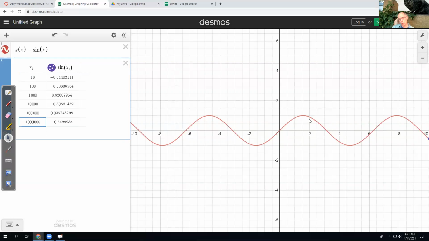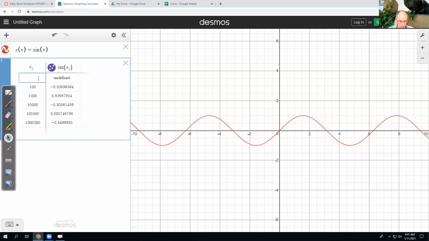So if I were to only plug in numbers related to this pi over 2 right here, then I might always get a 1. So it is possible that we accidentally pick a sequence of numbers that misleads us here, right?